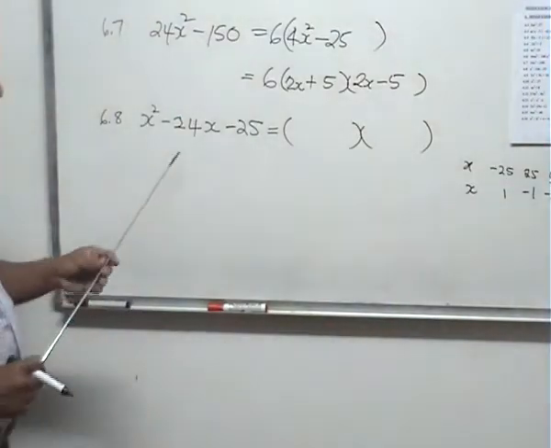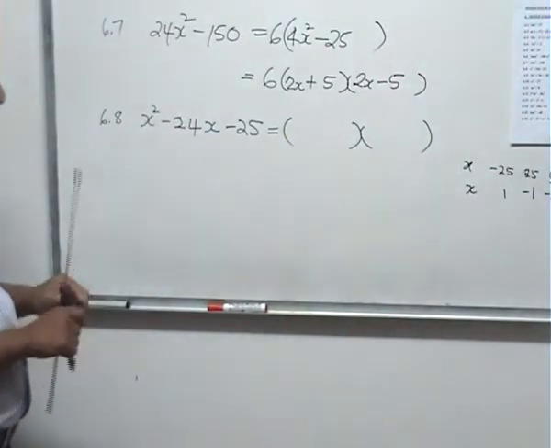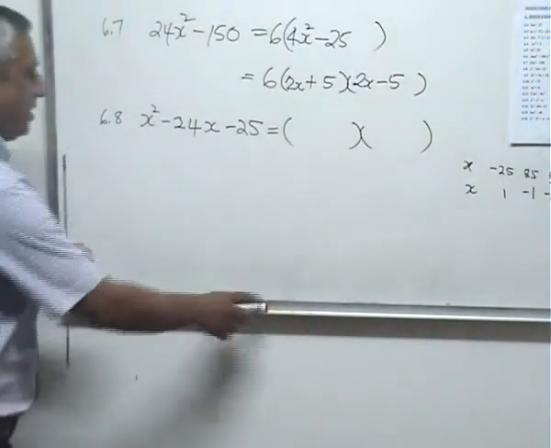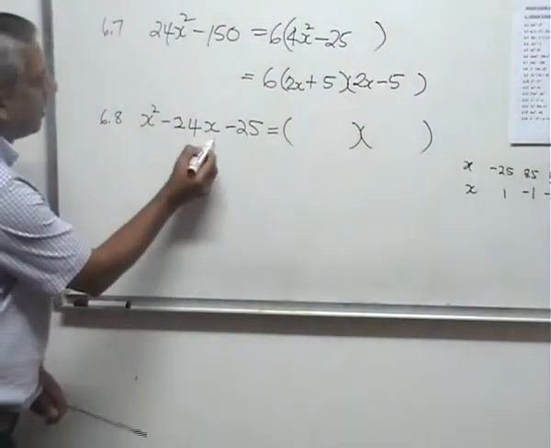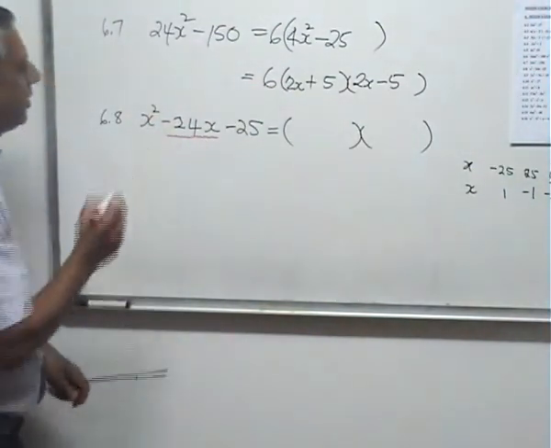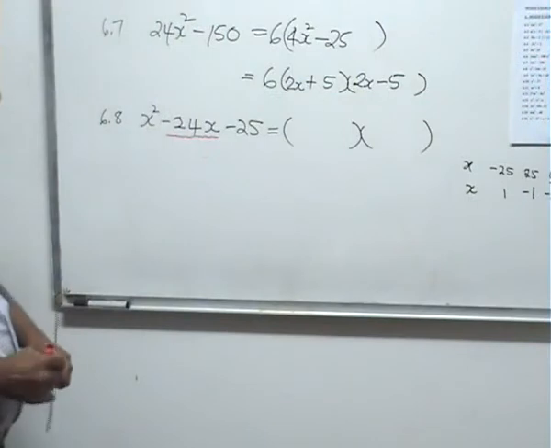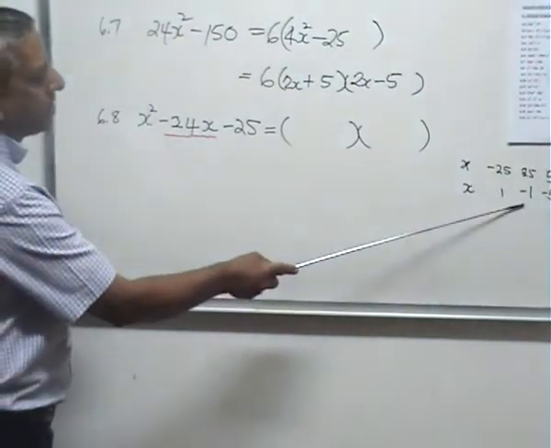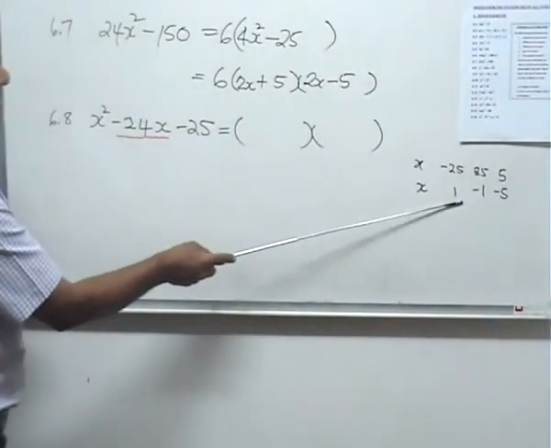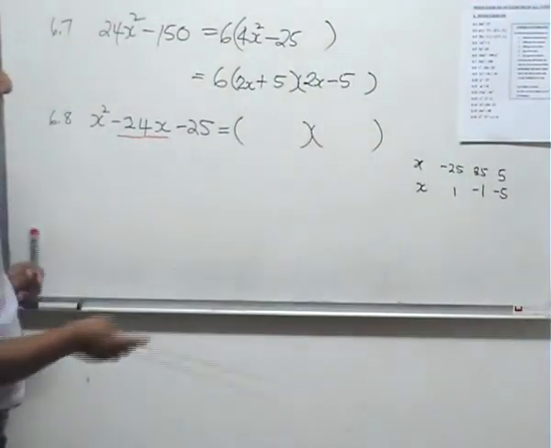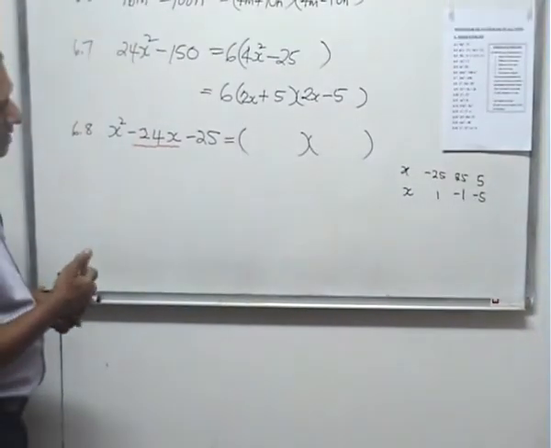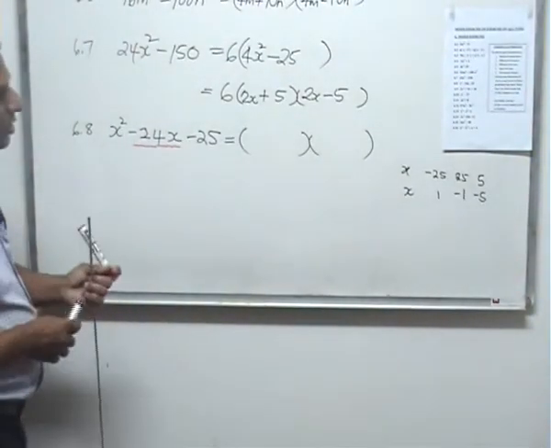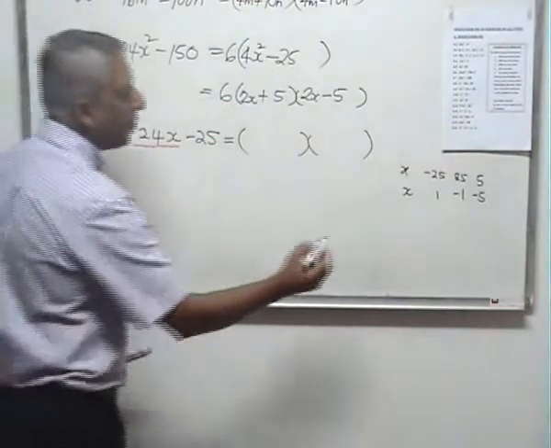So those are the options. Alright, so now you're looking at minus 24. You're looking here. You're looking here. Looking at the minus 24, and you're asking yourself which combination here will give you minus 24. And then you realize, well, it's going to be minus 25 and 1.